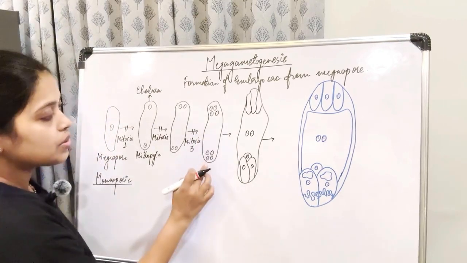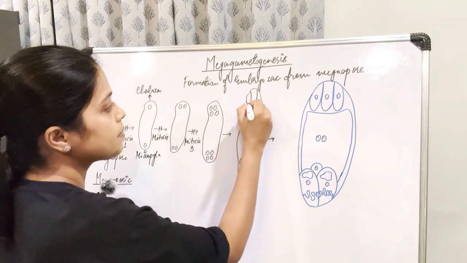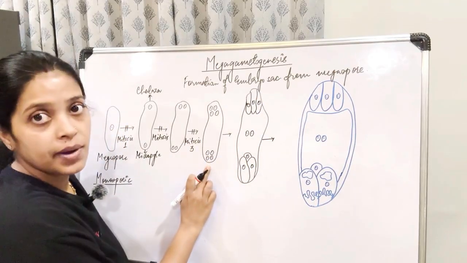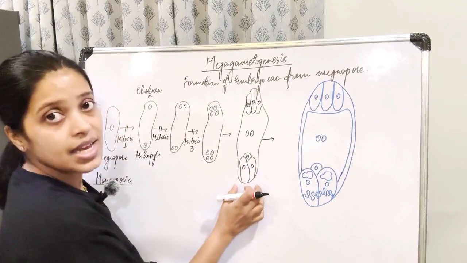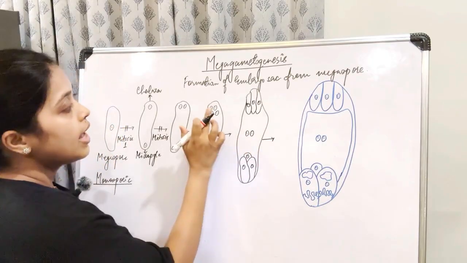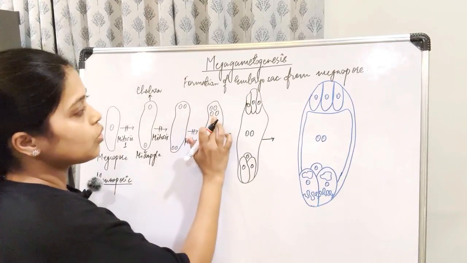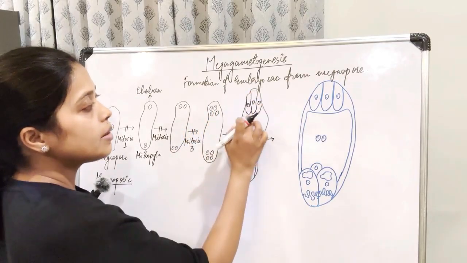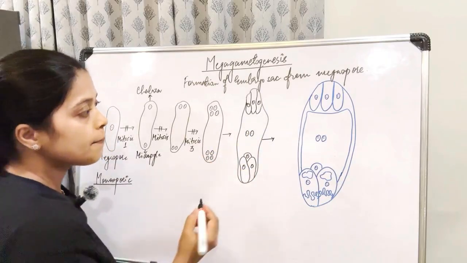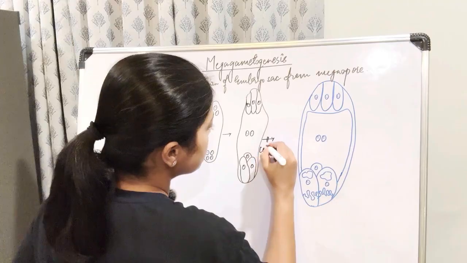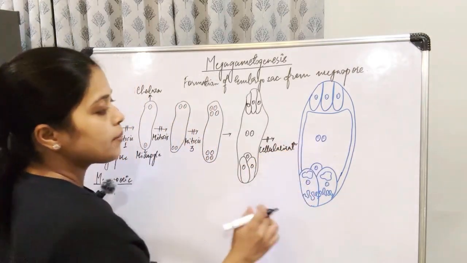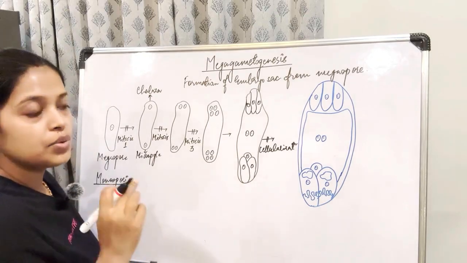Now out of the 4 at the micropyle, 3 remain at the micropylar end and 1 moves towards the center. Likewise at the chalazal end also, 3 nuclei remain at the chalazal end and 1 moves to the center, forming the polar nuclei. Okay, now the process of cellularization takes place, that is the formation of cell wall around the nuclei.